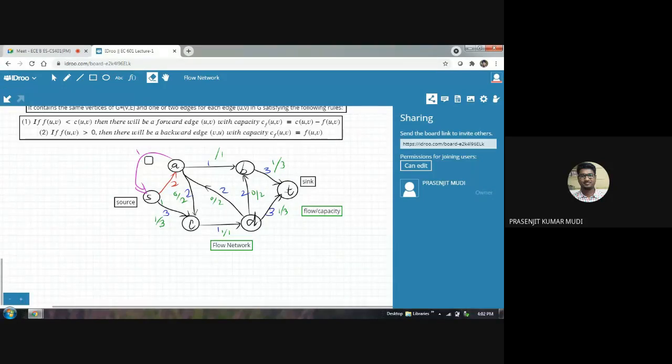Okay. So I think now you can apply these two rules iteratively on all the remaining edges in the flow network, and find the residual.